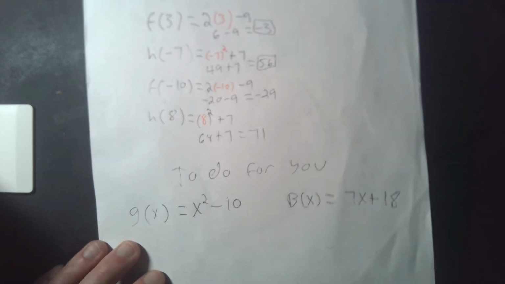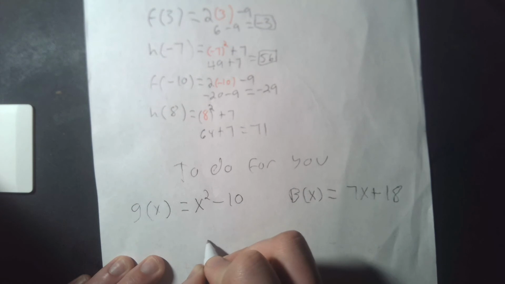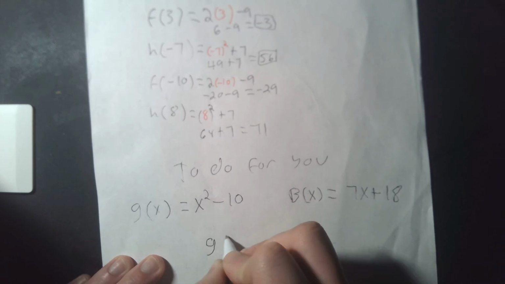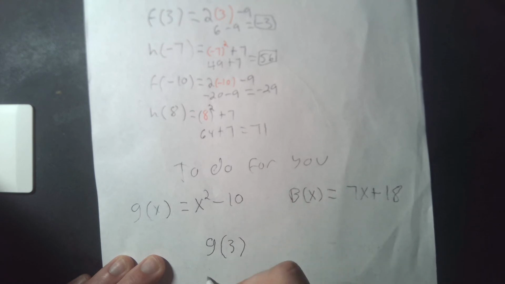Okay. And what you guys have to figure out is g of 3, b of negative 6.